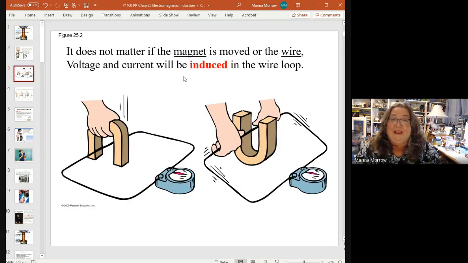Okay, now the thing is that you can thrust the magnet next to the wire, or you can thrust the wire through the magnetic field. In either case, you get an induced voltage.